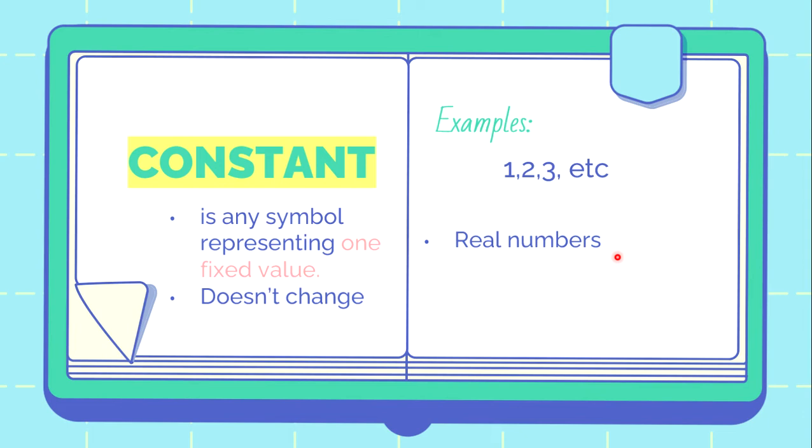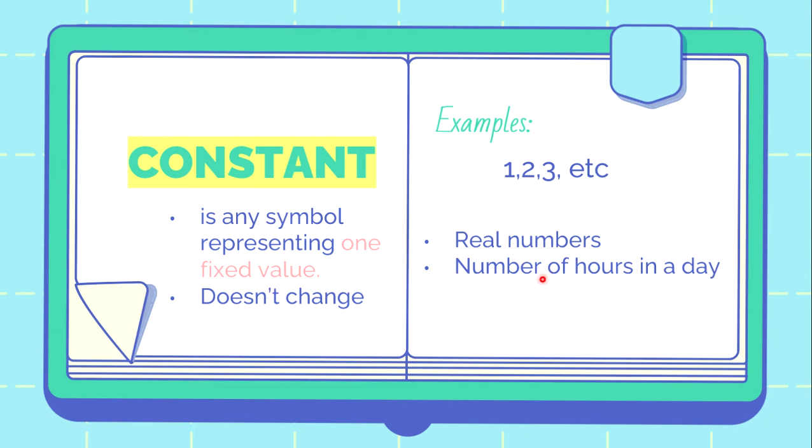They do not change. In real life, the number of hours in a day is always 24 hours. It doesn't change, right? Whether you're in the mood to make it 25 or you're too tired and just want to make it 20 hours, we cannot do that. It's a fixed value.